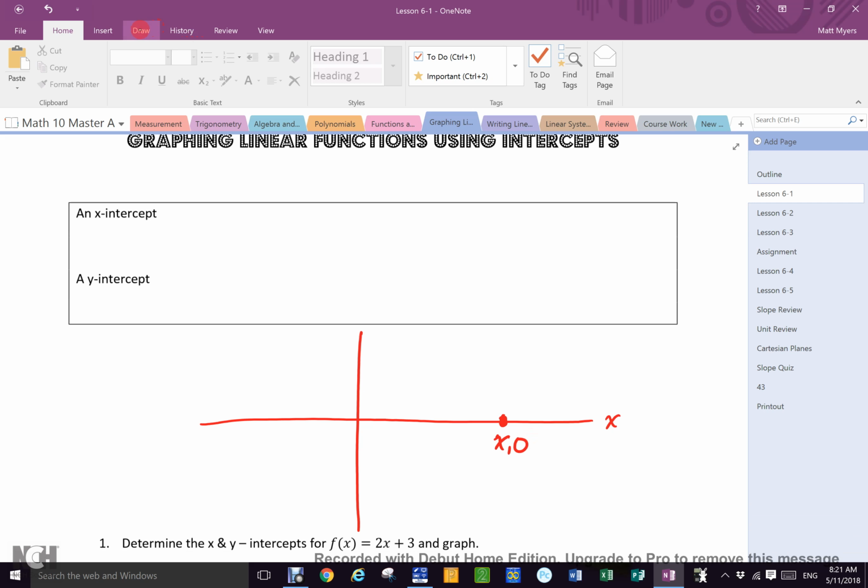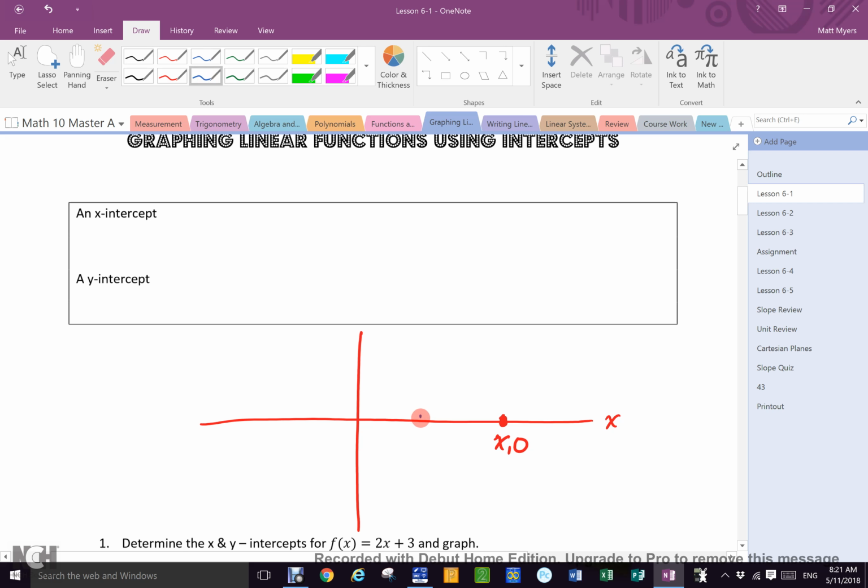Okay. What is this point? X comma 0. What is this point? Negative X comma 0.